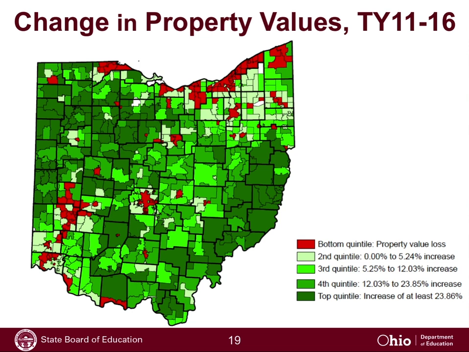You can observe that while rural areas of the state have seen their property values increase, a lot of that tied to shale natural gas exploration and agricultural values increasing over the last several years, cities, small towns, small cities in Ohio have actually seen their property values decline over that same time period.